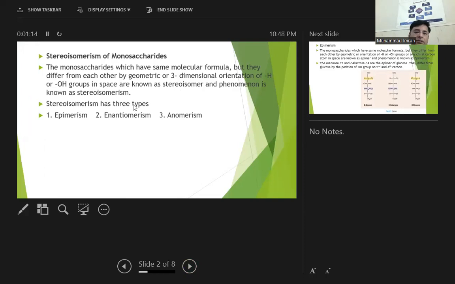In this type of isomerism we see the orientation of H and OH groups around the chiral carbon, or around the anomeric carbon, or around the penultimate carbon to denote D and L.